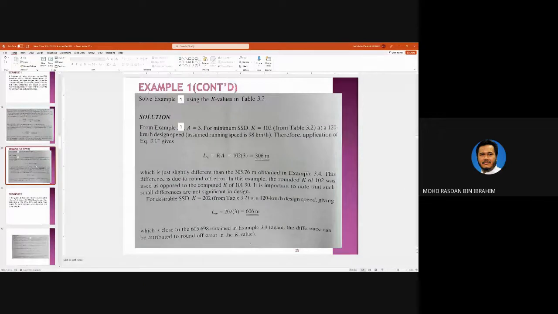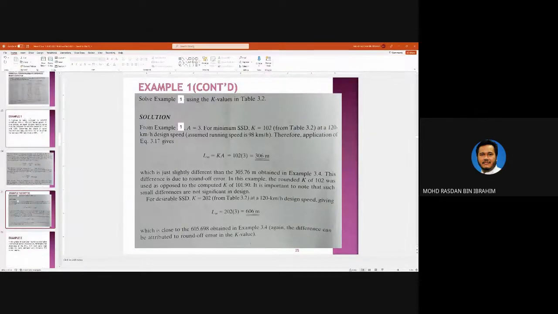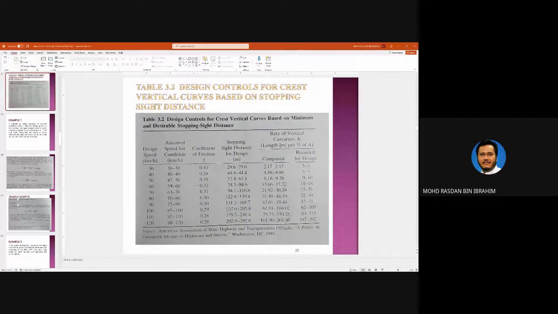Okay, continue. Example number 1. Solve the first example using K values in table 3.2. So now instead of using the SSD formula, we use the L equals KA formula. For minimum SSD, A we have calculated that it is 3. Minimum SSD K equals 102 from table 3.2. Here, minimum is 102.